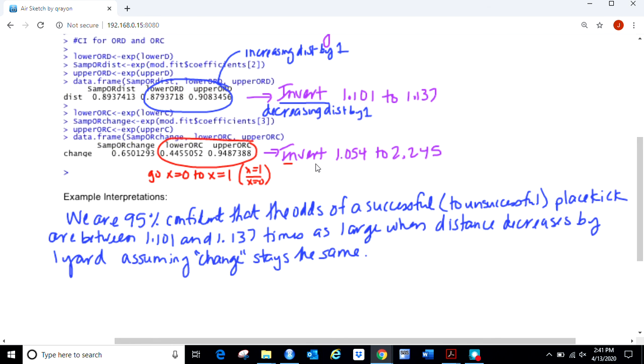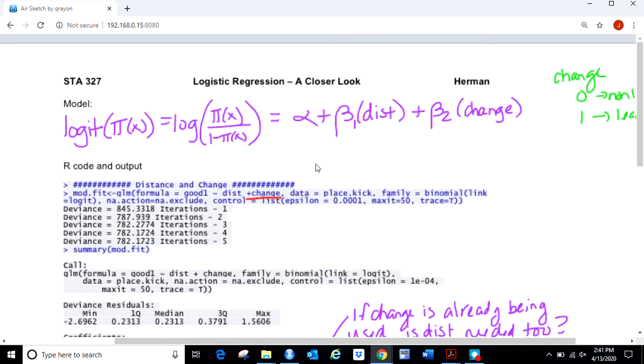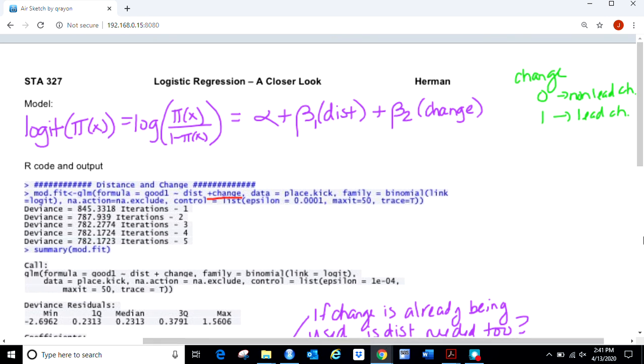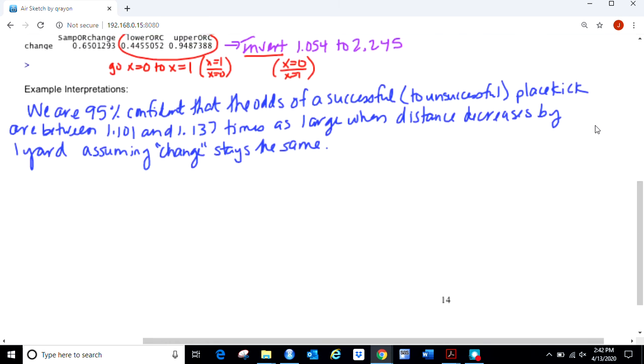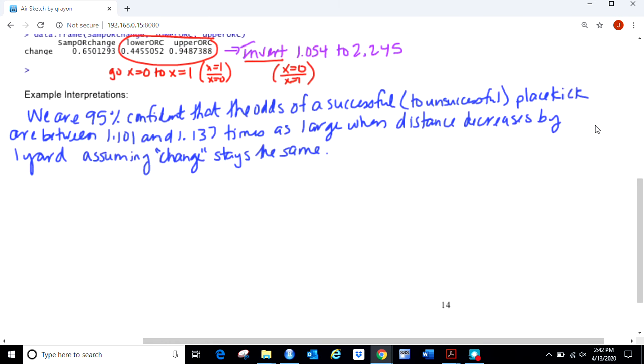So now when I've inverted it, x equals 0 is actually the 1 on top. Now refreshing our memory here, if change was 0, that was a non-lead change kick. And if change was 1, that was a lead change kick. So let's talk through how that's going to be in my interpretation.